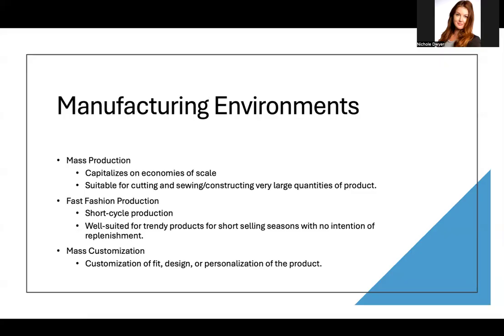How can I standardize so that I am producing enough based on the demand of the market? A mass production outlook in terms of sourcing is suitable for standardization of cutting and sewing, constructing very large quantities of product because you're focusing on the mass market. So pretty much everyone.